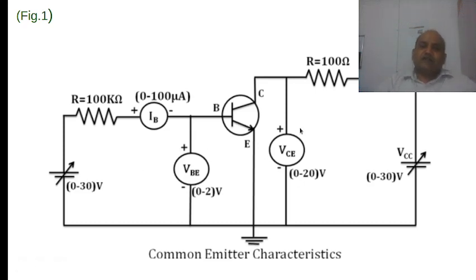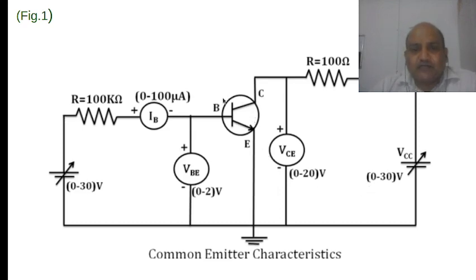One thing I want to tell you is why we make one terminal of the transistor common. Any practical circuit has two input terminals and two output terminals: one pair for the input signal and one pair for the output signal.